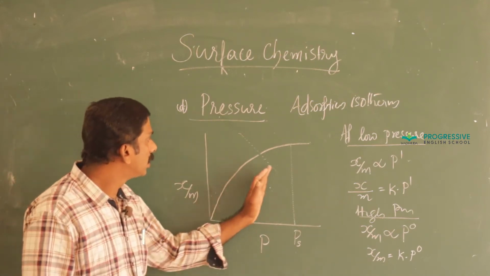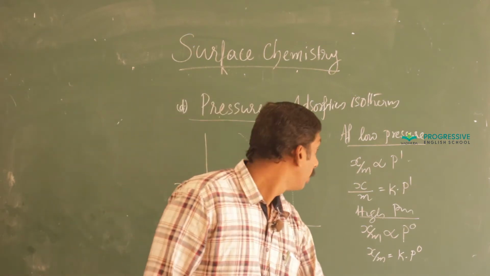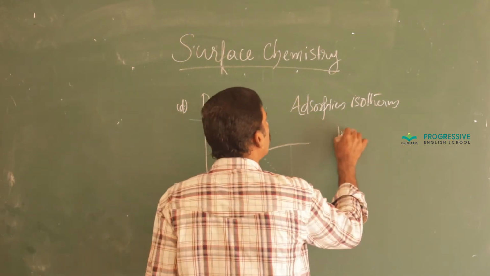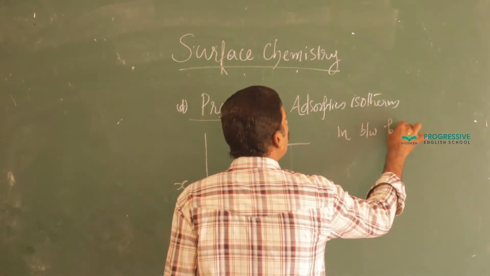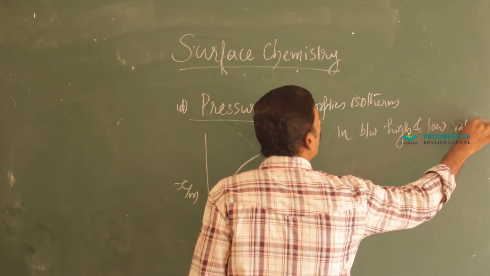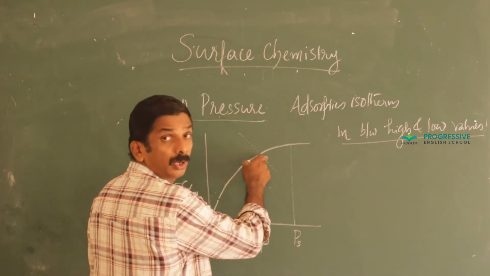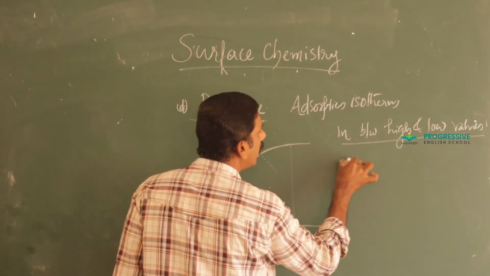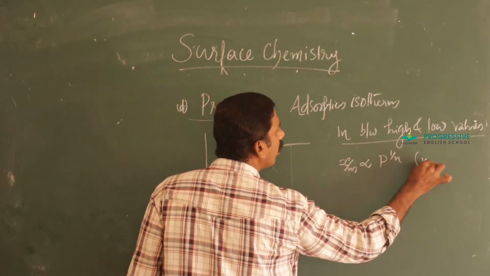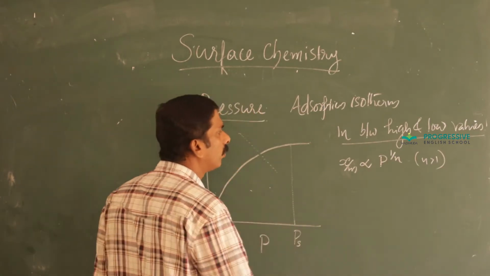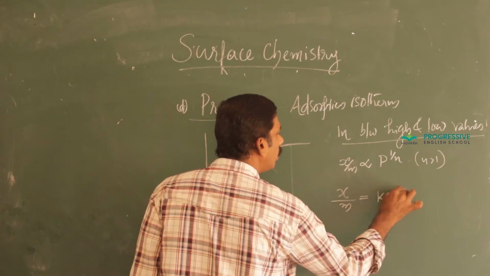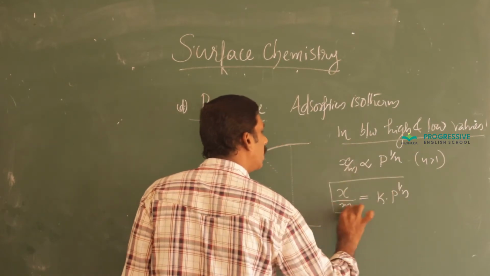In between high and low values, x by m is proportional to p raised to 1 by n, where n is greater than 1, or x by m equal to k into p raised to 1 by n.